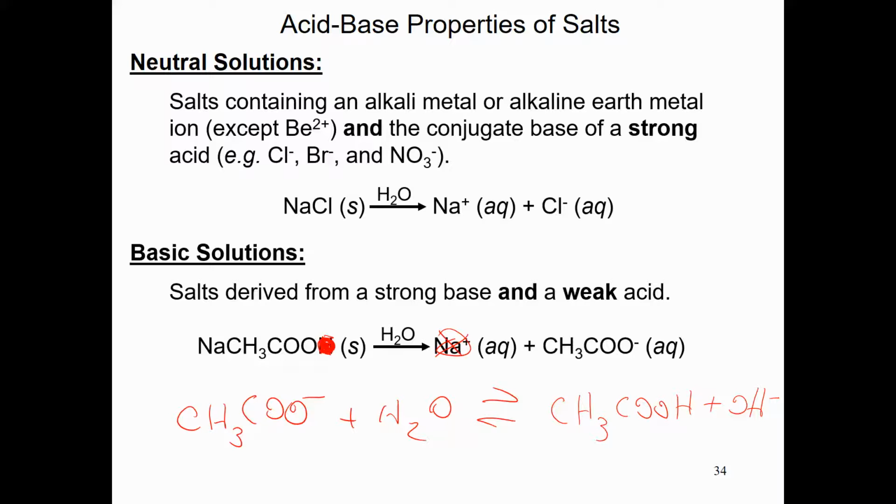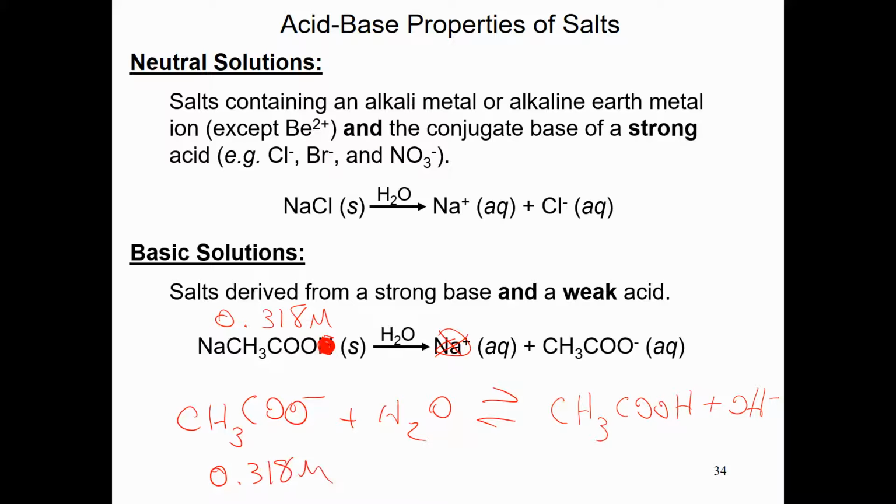Okay? So I could ask you, if you have a 0.318 molar solution of sodium acetate, what is the pH? Well, this 0.318 molar solution dissociates into 0.318 molar sodium and 0.318 molar acetate, and so that's where you would start. 0.318 molar here.